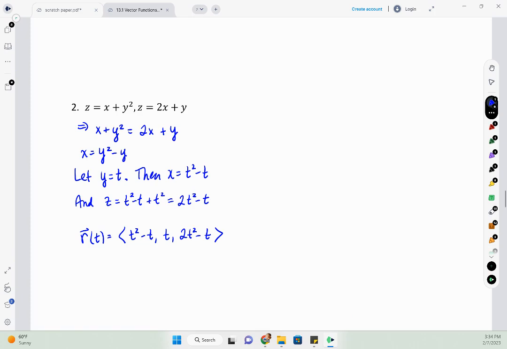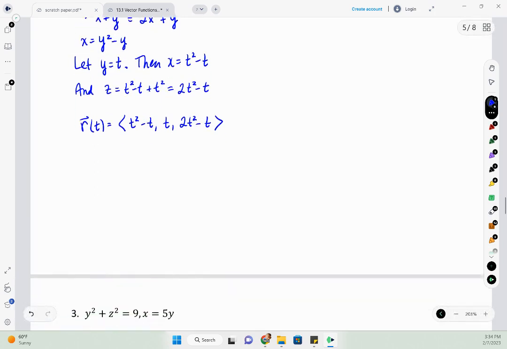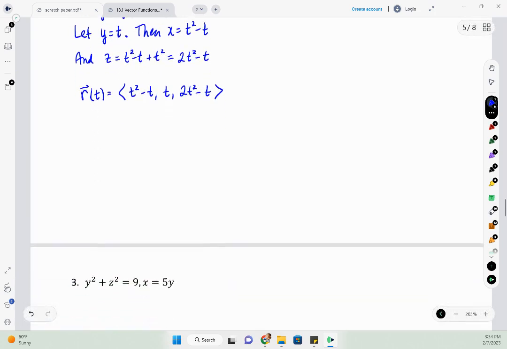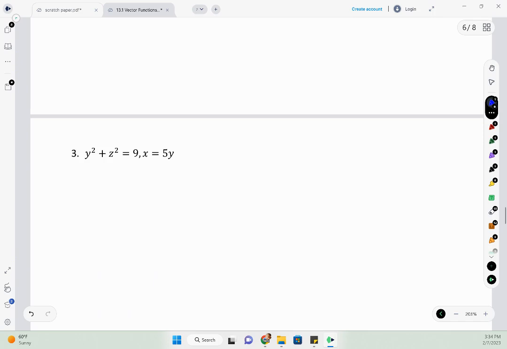All right, so the next thing to do is another problem. So let's see how this one works out. And here we have y squared plus z squared is equal to 9, and we have x is equal to 5y. This is one of those problems where you might be tempted to take a square root. Please do not.